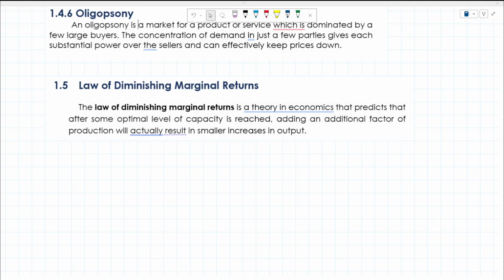Kumbaga, dinadagdagan mo siya pero yung strength niya konti lang ang dinadagdag, no? Kumbaga sayang lang yung nilalagay mo, no?